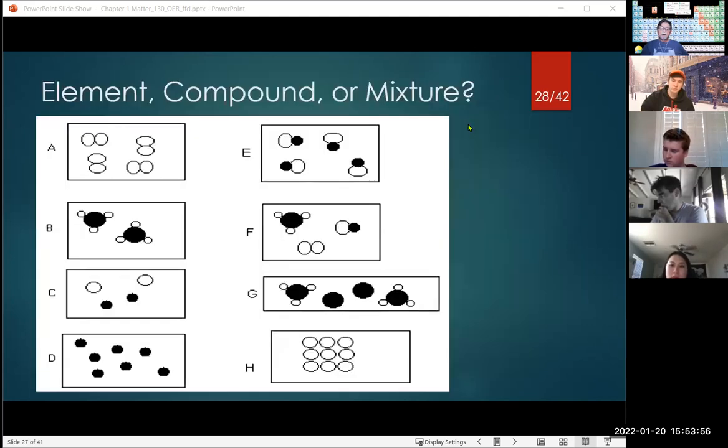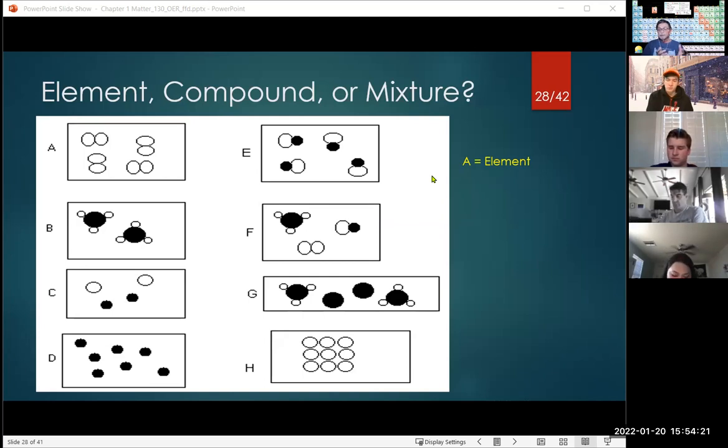Okay. So if we look at these diagrams, again, we're just going to look at them, break it down, and determine what they represent. So A would represent an element, specifically a diatomic element, right?